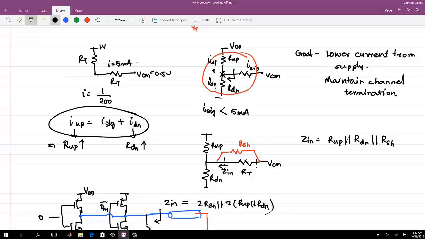If you find that I should be able to scale my R up and R down and even then maintain a constant current, you can find that values of R up and R down exist for which you can do that. That's a very simple equation. Let's say you have a 1 volt swing. When you reduce the 1 volt swing to 0.5 volt, your I signal will become half. When I signal becomes half, at that time you check whether R up can be scaled or not.